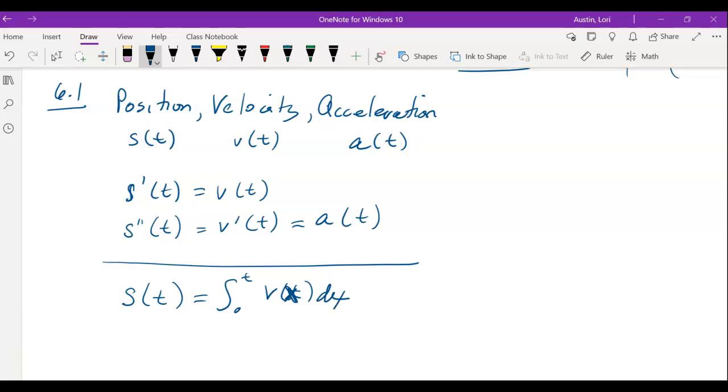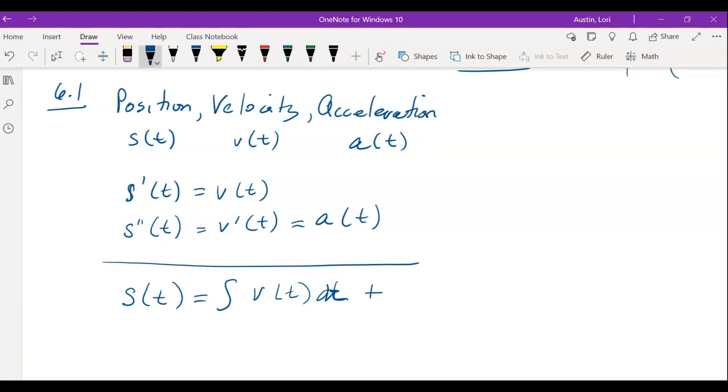There's one little piece though. Let's do it this way: the integration of velocity dt. When you just integrate it, and if it's not definite, if you're not given a time frame, there's going to be this c value, right?